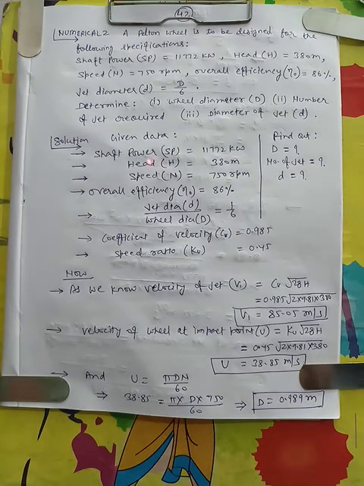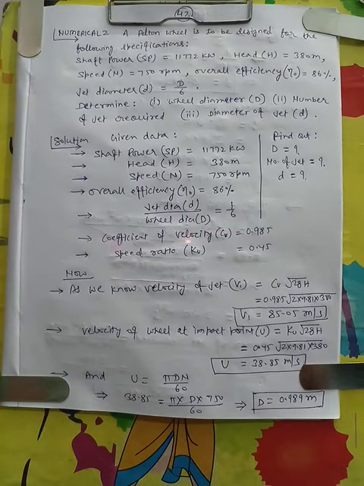First we will note down the given data. Shaft power is 11,772 kilowatt, head is 380 meter, speed of the runner is 750 rpm, overall efficiency is 86%, and the jet diameter by wheel diameter is 1 by 6.